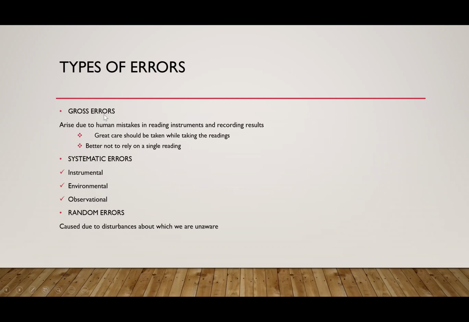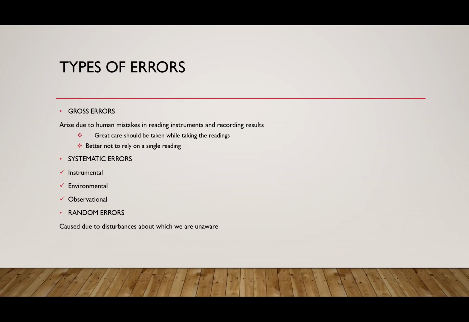So the first one could be a gross error. Now, gross error arises due to human mistakes in reading the instruments and recording the results. Great care should be taken while taking the readings, and do not rely on a single reading. Now, when we say reading the instrument and recording the result, for example, when you were reading the instrument, you had the measurement reading as 8.50. But when you were recording it, or writing it down, you wrote it as 8.05.